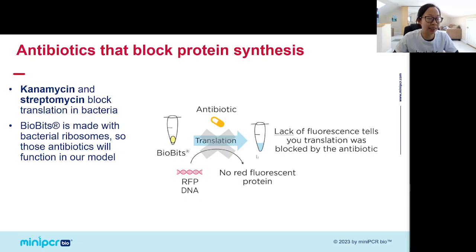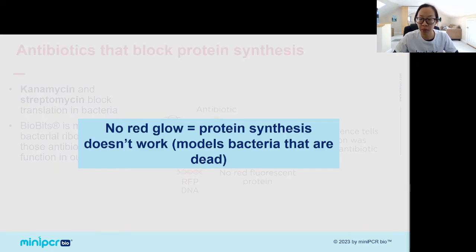This means we're not going to see any red fluorescence, and that will tell us that there was unsuccessful translation due to the ribosomes being inhibited and that the antibiotic added was successful in blocking protein synthesis. Again, the takeaway, if this is hard to follow, is that no red means no protein synthesis, and this models bacteria that are dead from antibiotics being added.